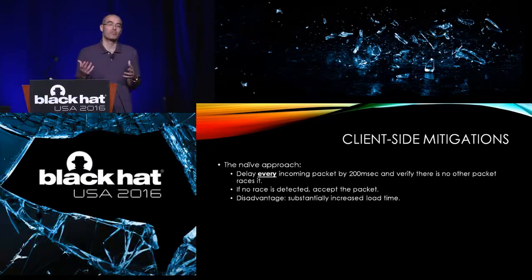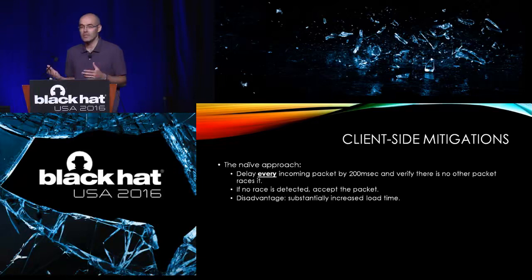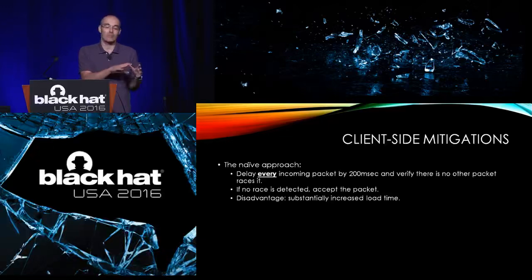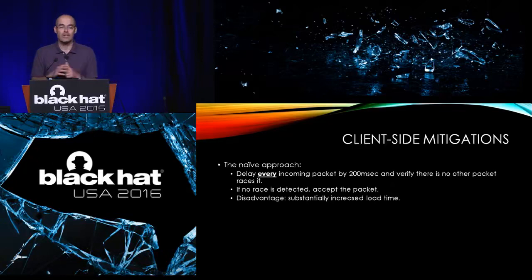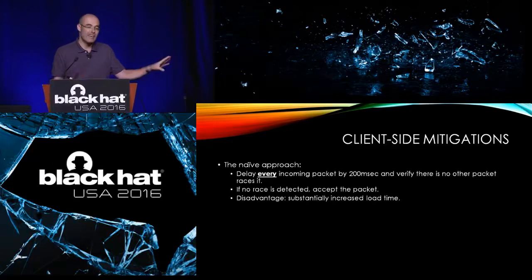So the naive approach can be, for example, just search for race packets on the incoming traffic to the client, exactly the same way as we did in our monitoring system, but just do it on the client. But this only allows to detect the injection.